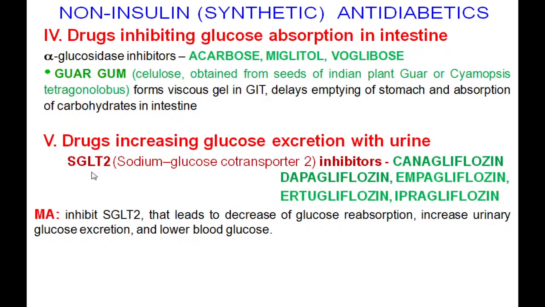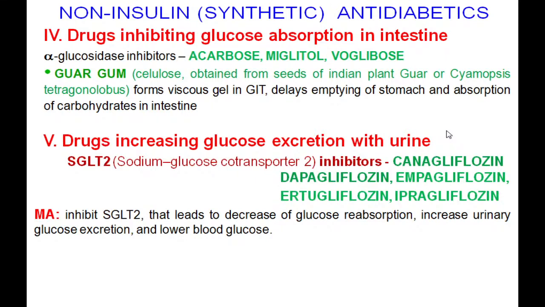Next group. Drugs increasing glucose excretion with urine. By the mechanism of action, they are SGLT2 inhibitors, or inhibitors of sodium glucose cotransporter 2.